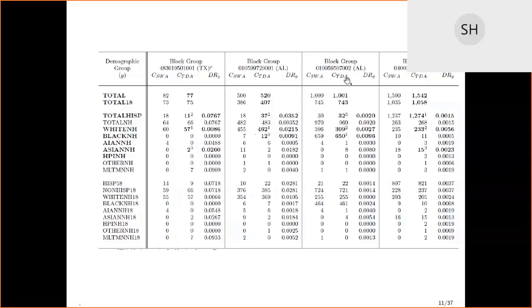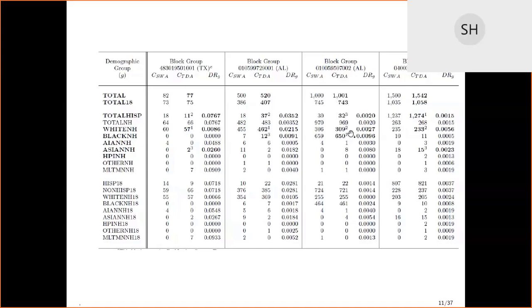The next block group is also in Alabama. It is now 1,000. And so what you'll see here in this particular case, the top-down algorithm says 1,001. The 18 and above population, 745. From 2010, swapping. From the top-down algorithm, latest version, 743. The largest demographic group for this particular block group happens to be black non-Hispanic, and the count is 650.